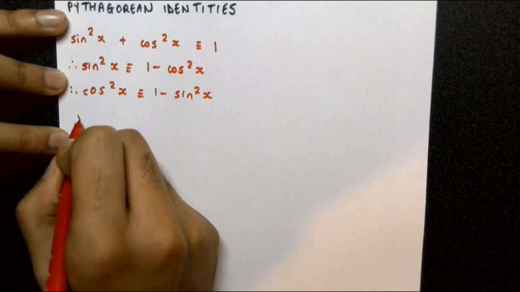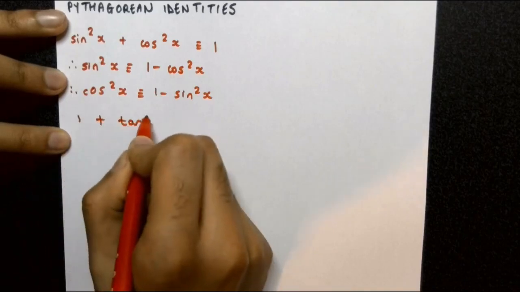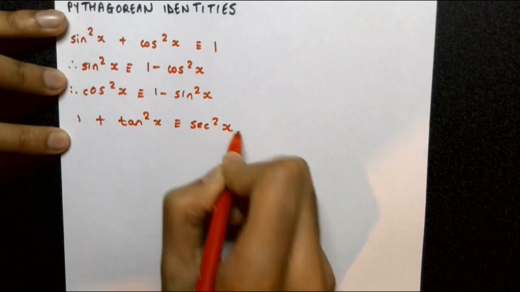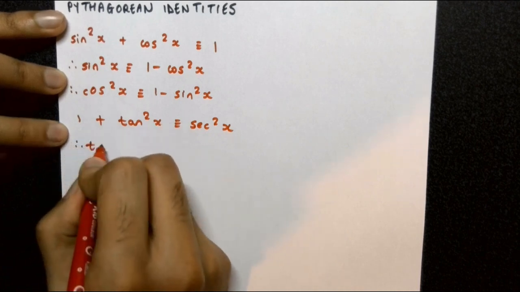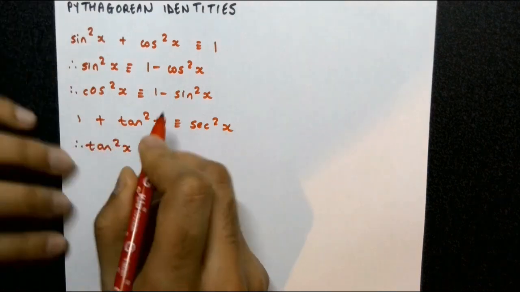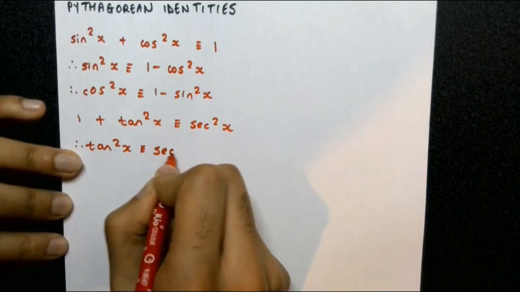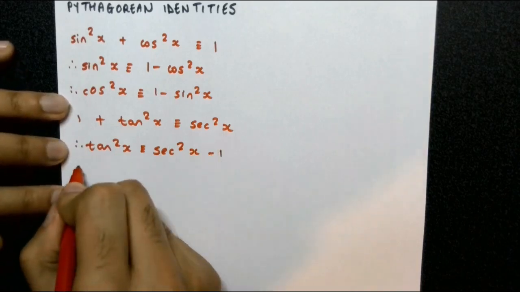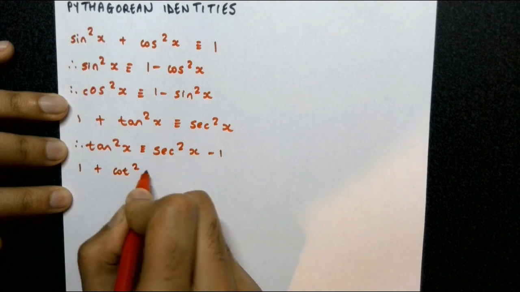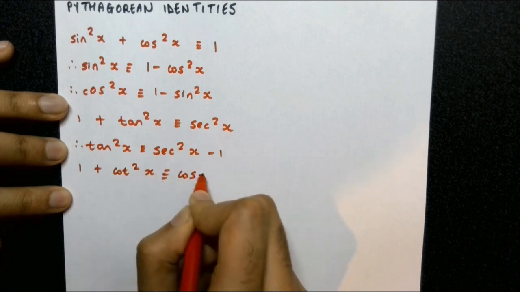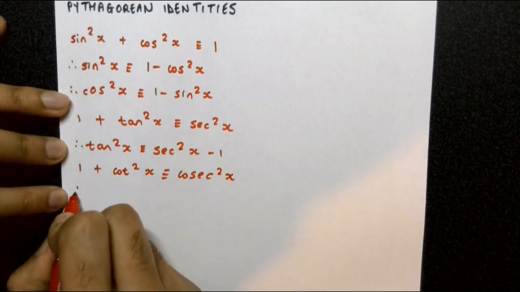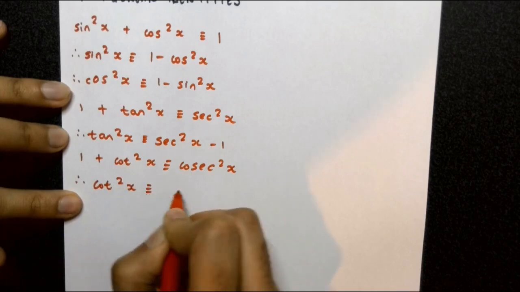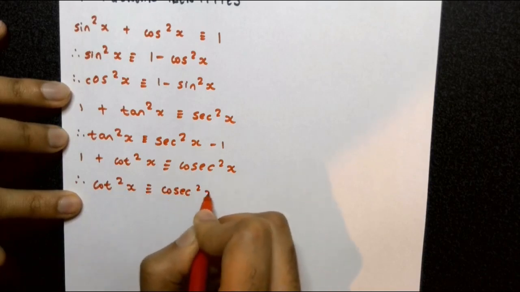We've got 1 plus tan squared x being equivalent to sec squared x, and therefore we can see that tan squared x will be equivalent to sec squared x minus 1. And we've also got 1 plus cot squared x being equivalent to cosec squared x, and we can also rearrange this to say that cot squared x is equivalent to cosec squared x minus 1.